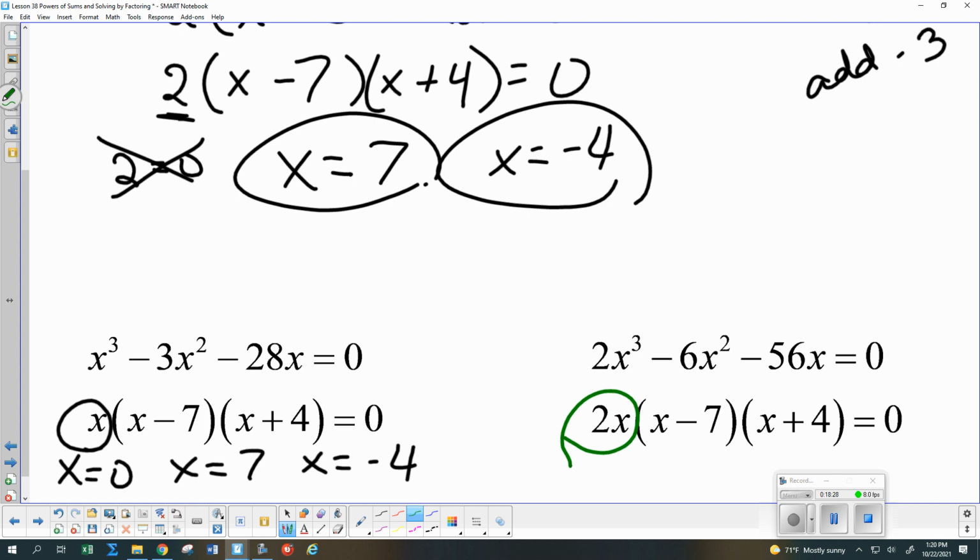Is there a number I could put in for x and make 2x equal 0? Mateo? If x is 0, 2x is 0, so we would get that solution there, and then we'd have the x is 7 and the x is negative 4. So I just wanted to point out with the GCF, if it's just a number, it doesn't give you a solution. If it has a letter in it, even if it's just a single term, that can give you the solution x equals 0. Any other questions on this?